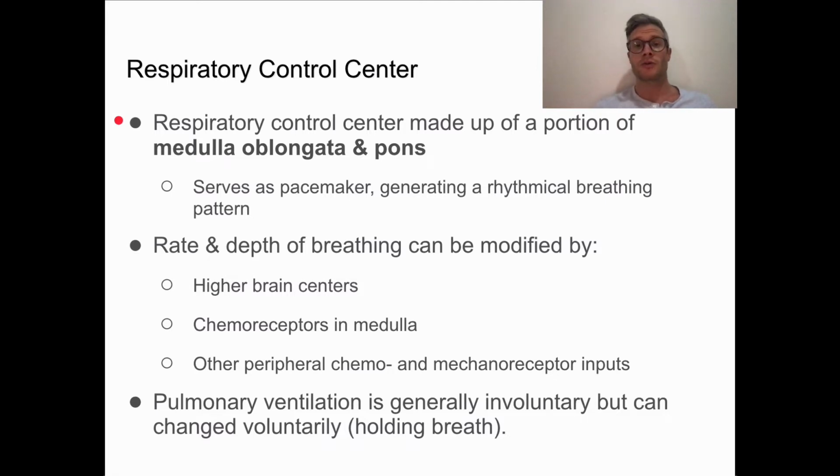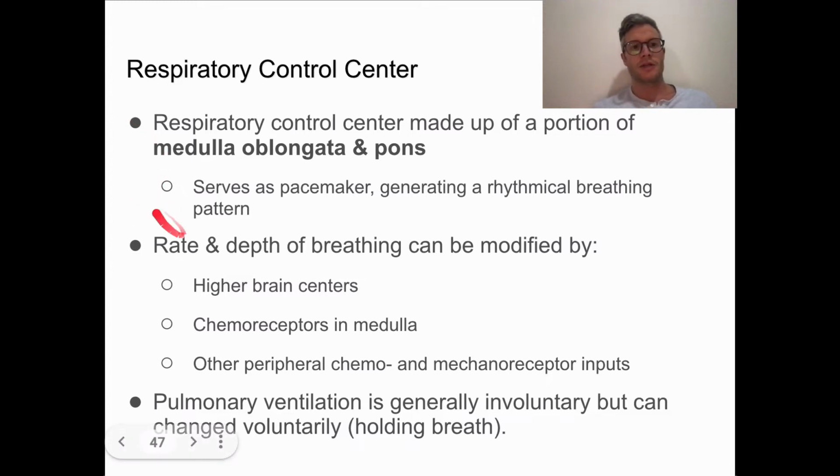Now both of these are lower brain centers, and there's an image coming up that will help show you where this might be. And what these do is act like a relay center, or a central hub where we get input from throughout the body from different receptors to help figure out our respiratory rate and depth.